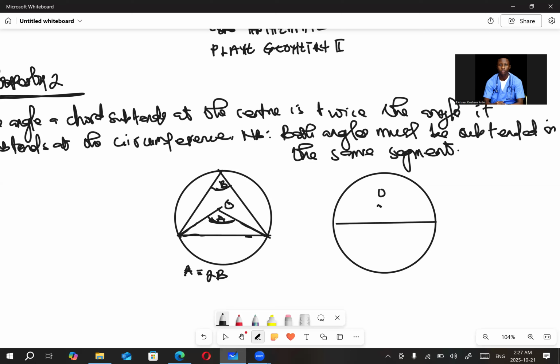So this property only works when the two angles occur in the same segment.